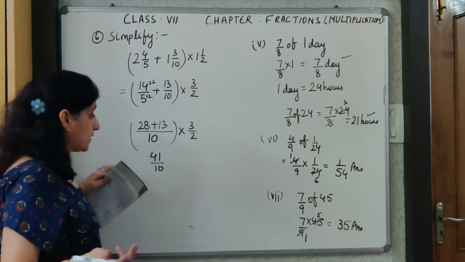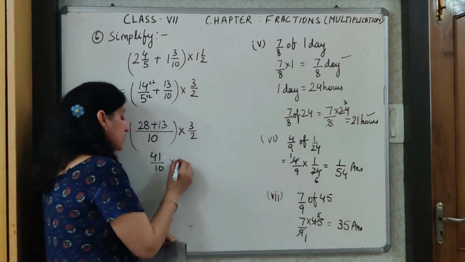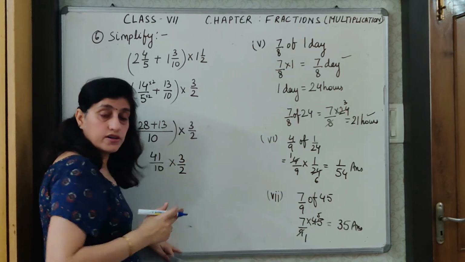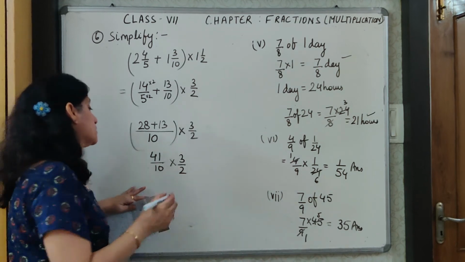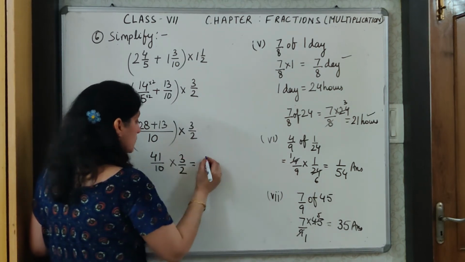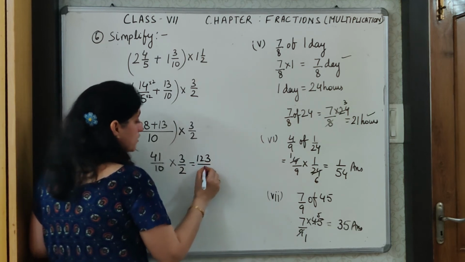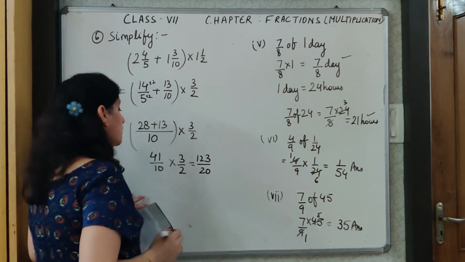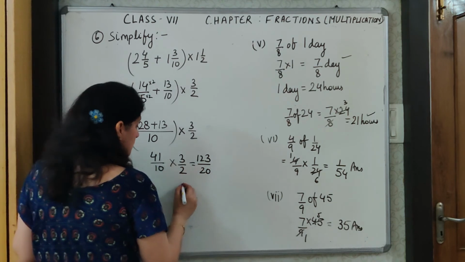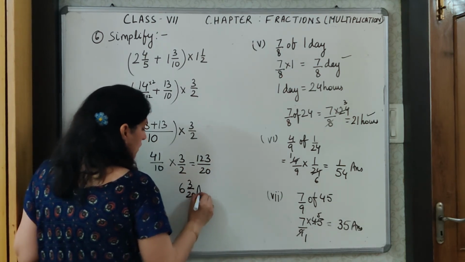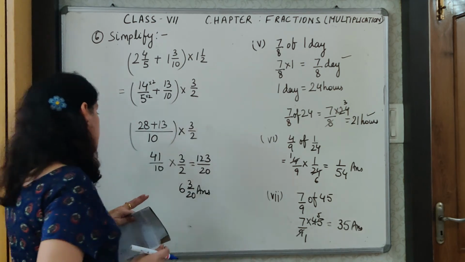We can open the bracket now, and I have here into 3 by 2. Nothing is divisible, numerator by denominator, so we'll simply multiply. I get 3 1s are 3, 3 4s are 12, 123 upon 20, which gives me 6 whole 3 upon 20 as the answer.